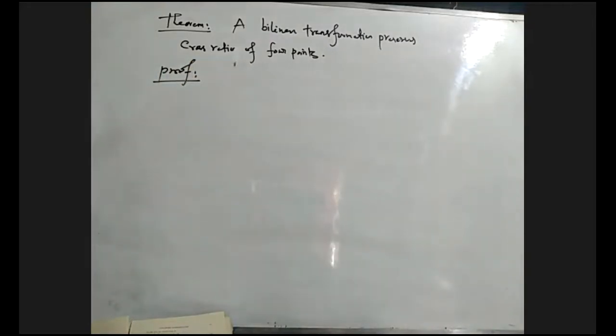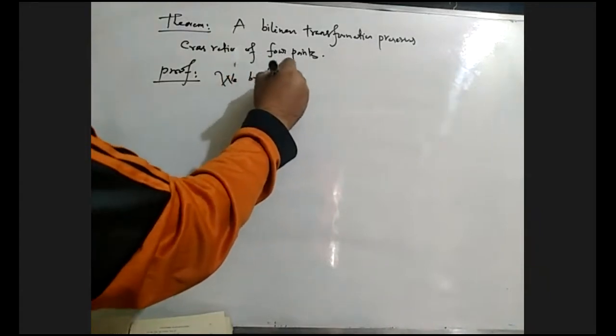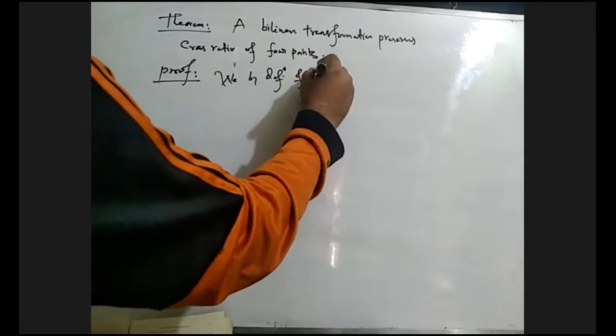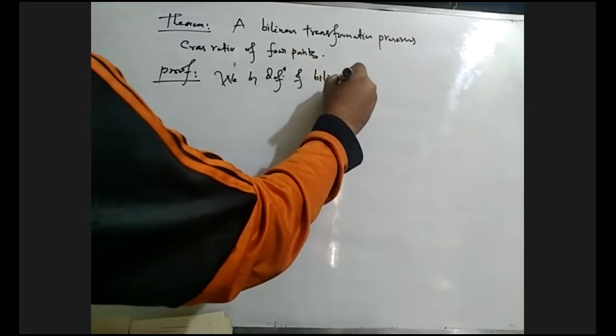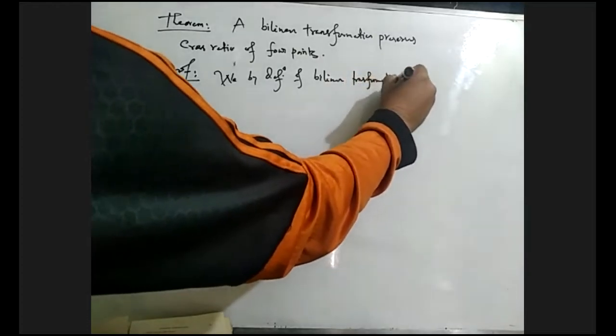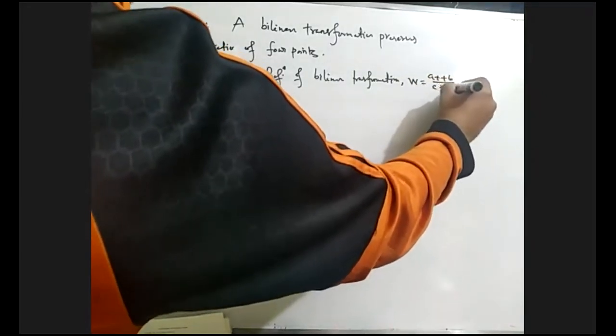We know by the definition of bilinear transformation, W equals (AZ plus B) divided by (CZ plus D).